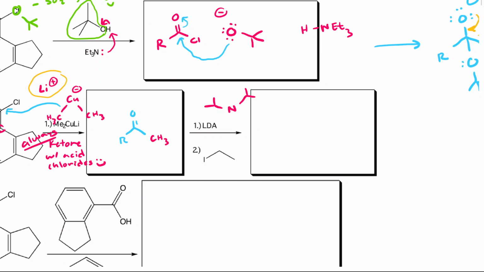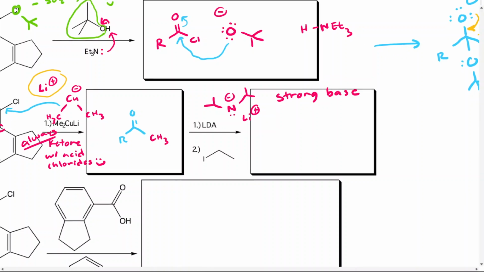It's this nitrogen with two tails bonded to lithium. And this nitrogen has a negative charge and lithium has a positive charge. Lithium diisopropylamide. So we should recognize that LDA is a strong base because the nitrogen has a lone pair and a negative charge and it wants to be neutral and happy.